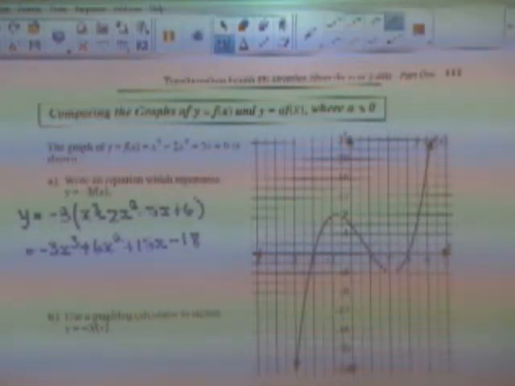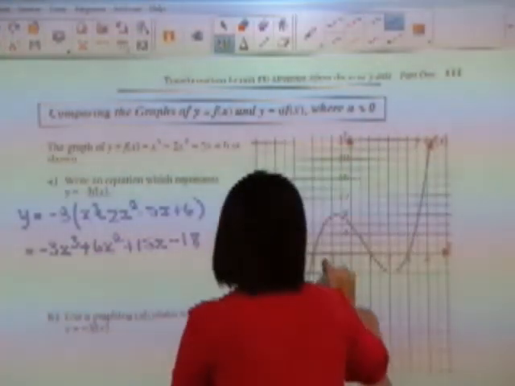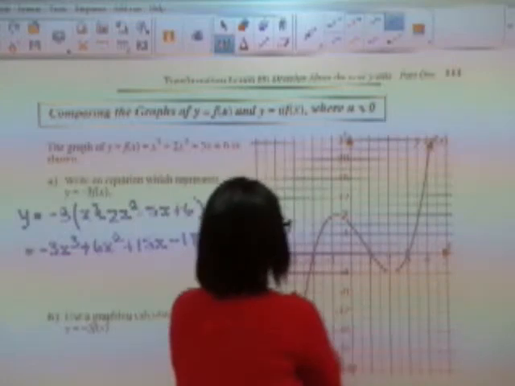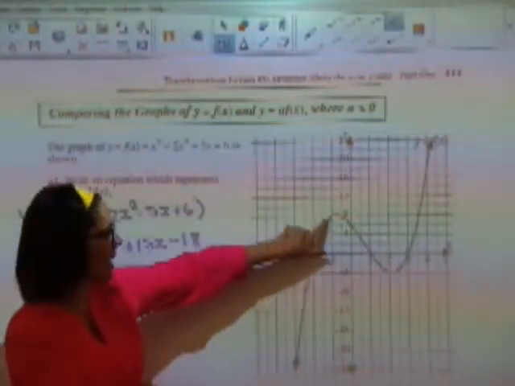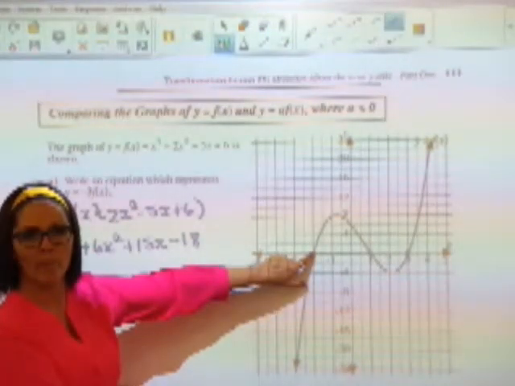So did anything stay the same in the graph? The x-intercepts all stayed right where they were, okay? What happened to this part of the graph right here? This part that kind of went up and then down? Where did it go?